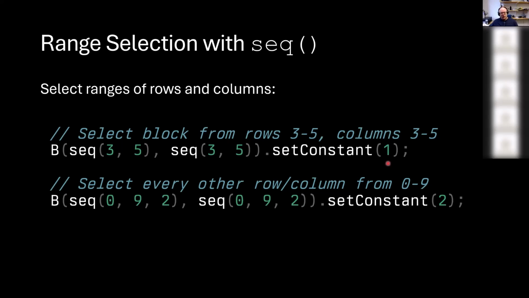You can also assign them different matrices as well. There is a step function here as well. So if you add an additional argument here, it will do every other row and column from 0 to 9, for example. So that's very useful if you want to assign certain parts or a pattern of a matrix. You can use the sequence function.